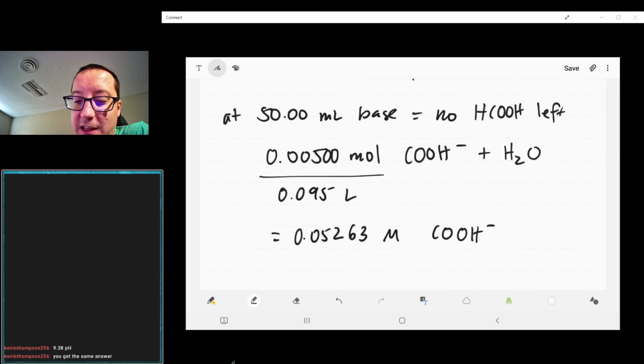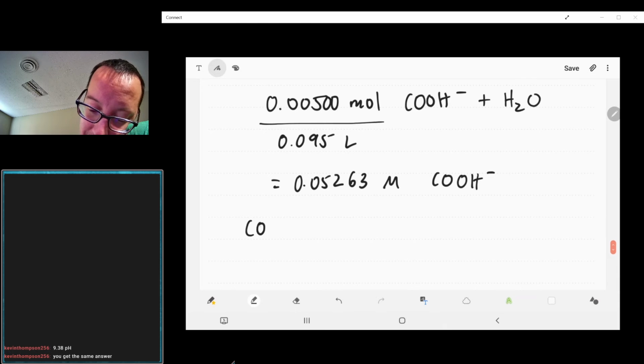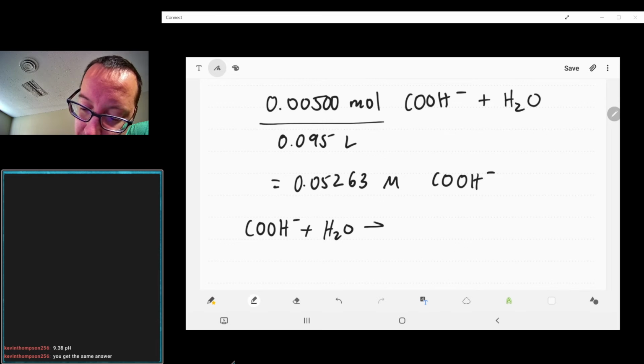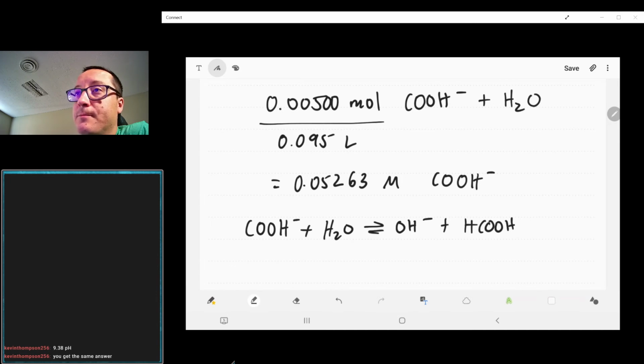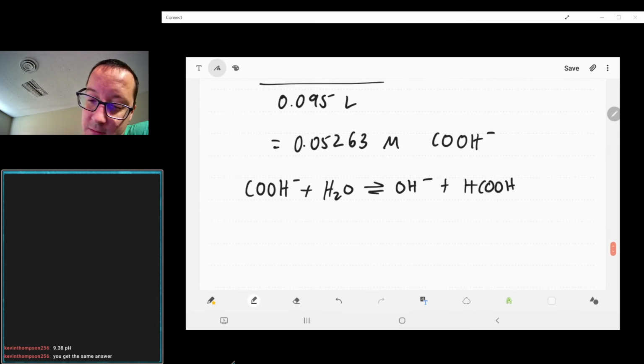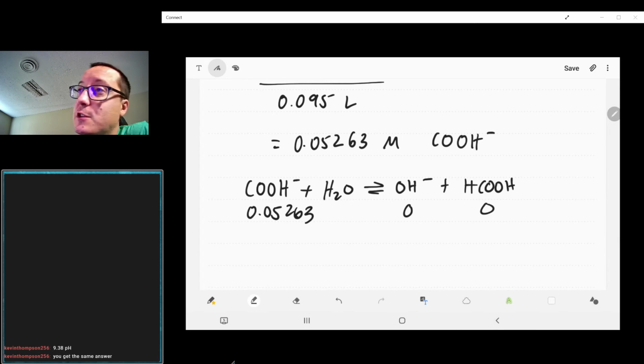We love our ice tables, don't we? We know that formate being a base will react with water to produce OH minus and the formic acid. So we're looking at a Kb here. We know we have this. We have nothing of the other two.